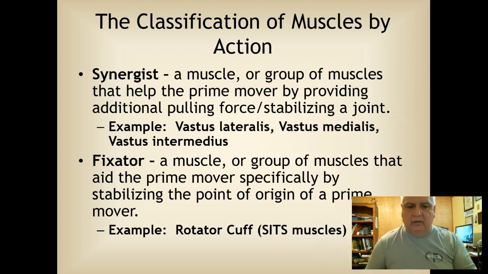It's important to note here that the definition of a synergist is a muscle or group of muscles that help the prime mover by providing additional pulling force or stabilizing a joint.